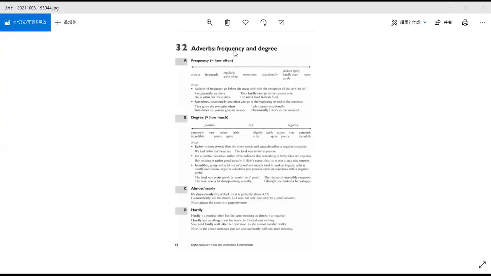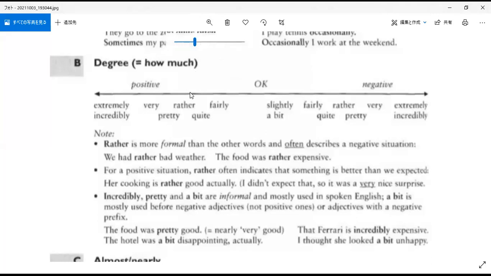This is the adverb of frequency and degree. I think you actually saw it before, right? This very and slightly from the previous video when we were introducing adverbs, not the relative one.